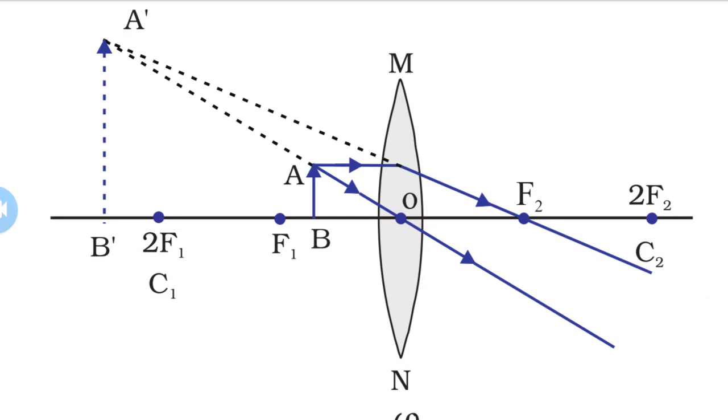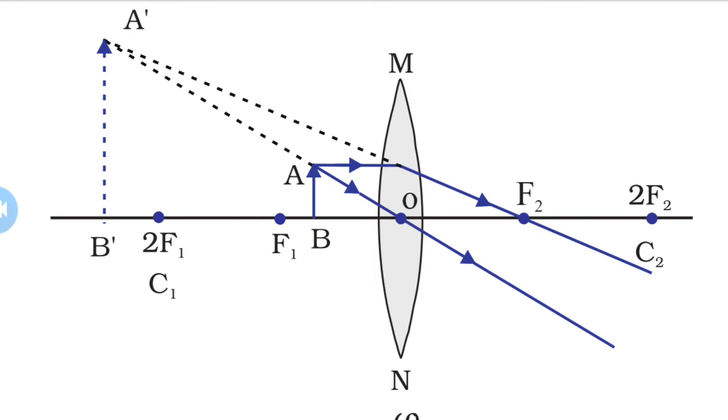The next figure: the position of the object AB is kept between the principal focus F1 and the optical center O. The position of the image is on the same side of the object, at a distance greater than the object distance.